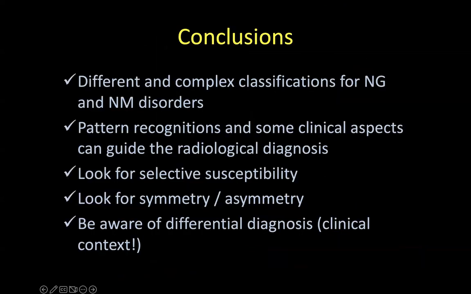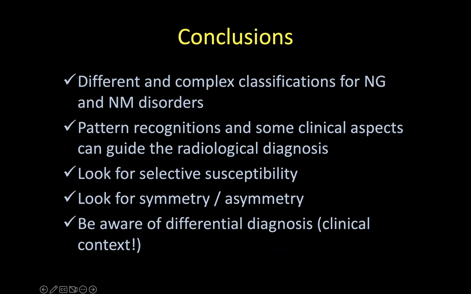This brings me to the conclusion. Remember, there are different and complex classifications for neurogenetic and neurometabolic disorders, but you can use the pattern recognition radiologically together with the clinical aspect to guide your differential diagnosis. And this is important in specific cases where you can make the difference.